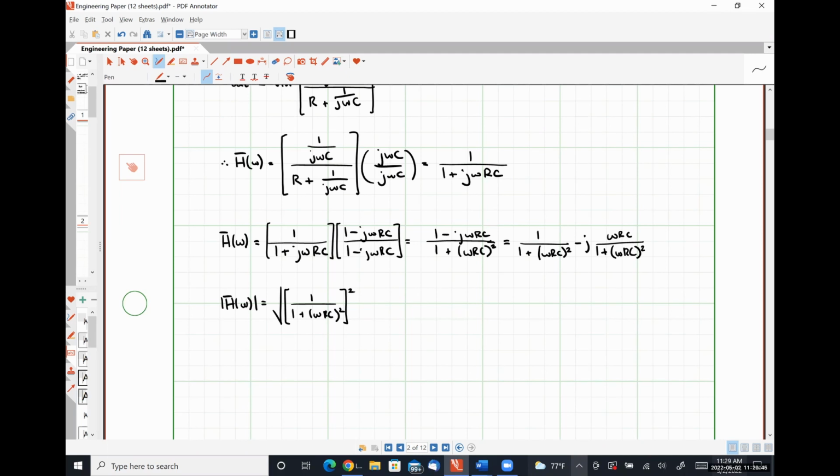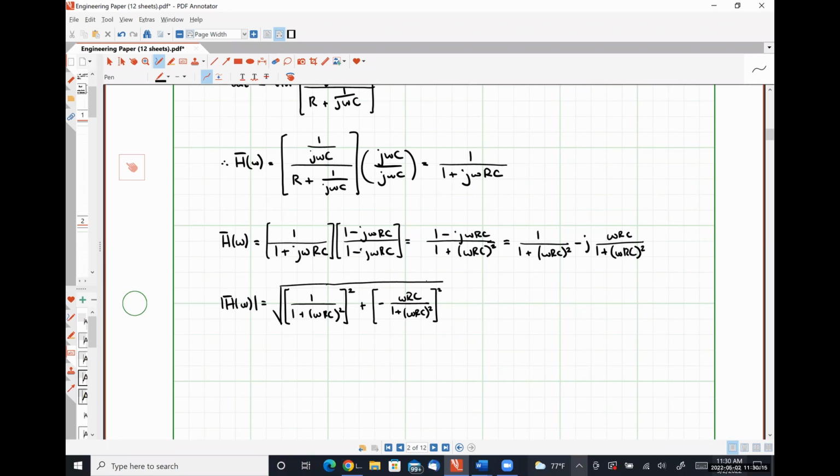I'm going to square it, and then I'm going to add to that the square of my imaginary part. So negative omega RC over 1 plus omega RC squared. Square that. And then I take the square root of this whole thing.